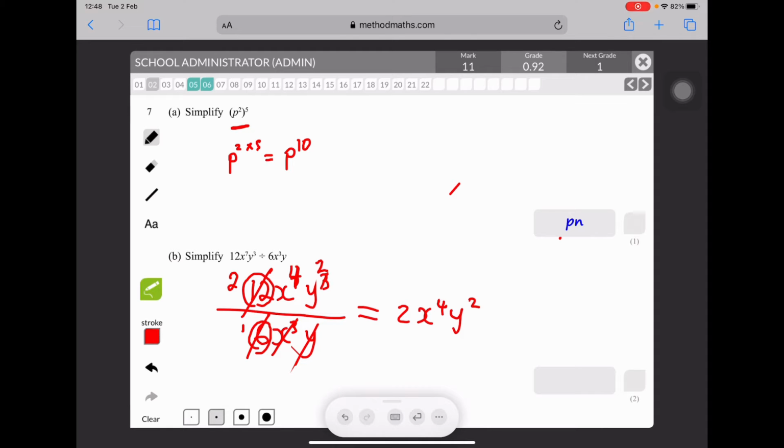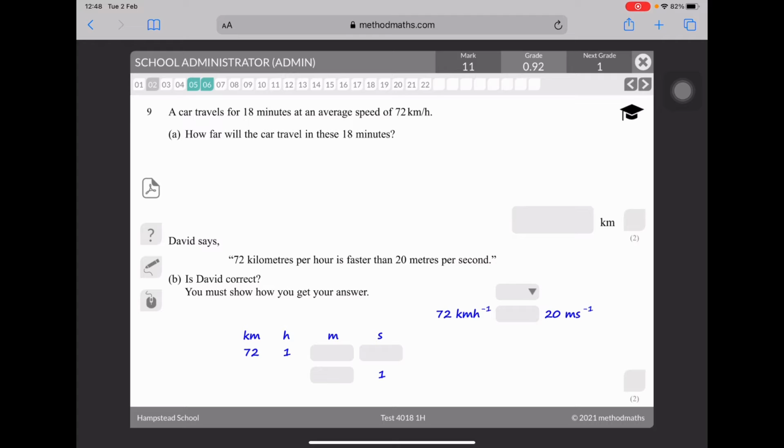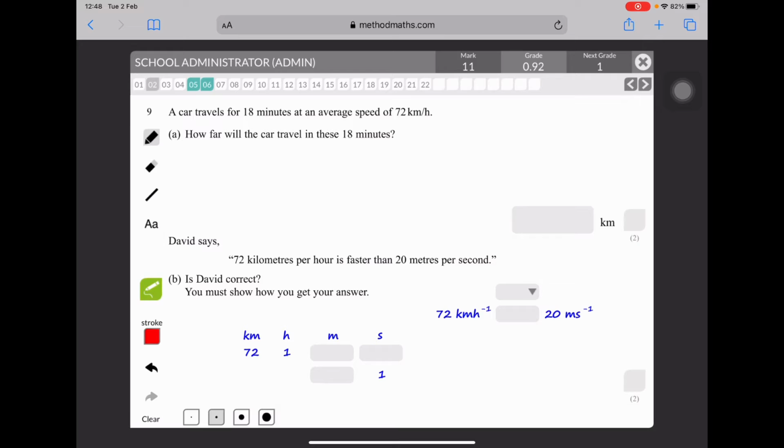The next one we're going to do is question 9. A car travels for 18 minutes at an average speed of 72 kilometers per hour. How far will the car travel in these 18 minutes? Okay, so the units here are kilometers per hour, and here the unit for time is minutes.